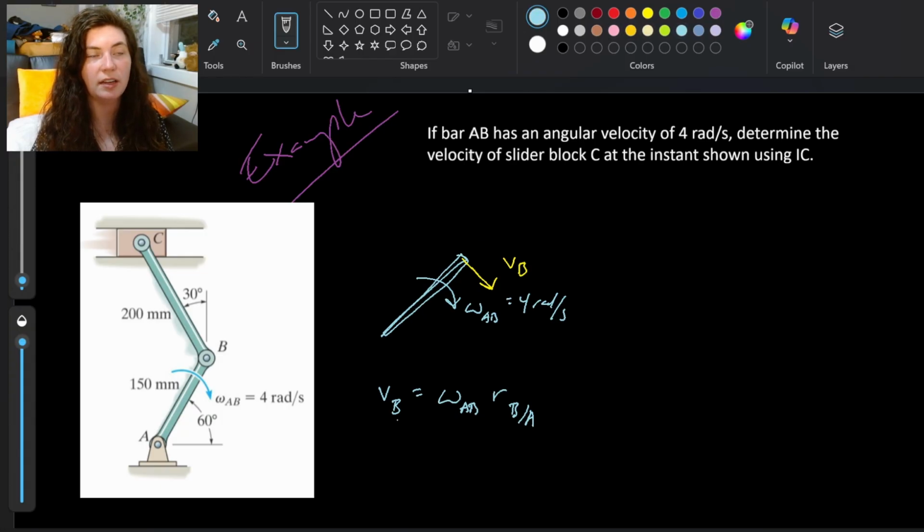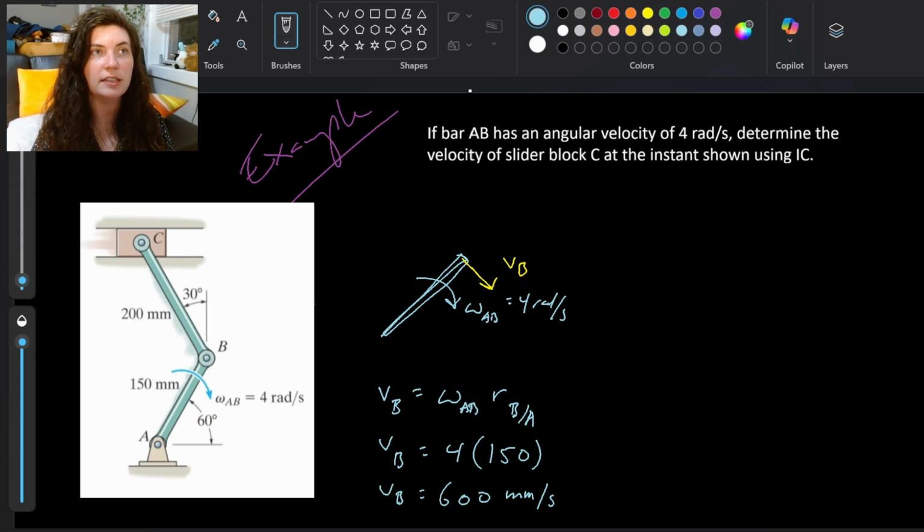So we can actually go ahead and calculate this. We can work with the math that we have. We know that our omega is 4 and that our distance there is 150. So VB is going to be 600 millimeters, since I didn't convert, millimeters per second.